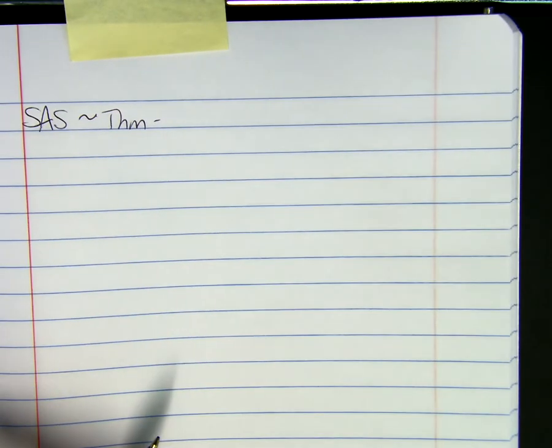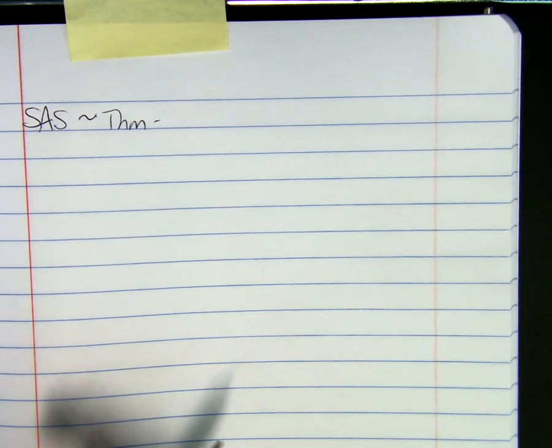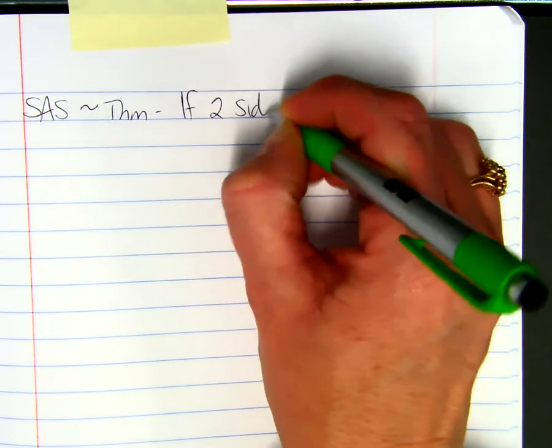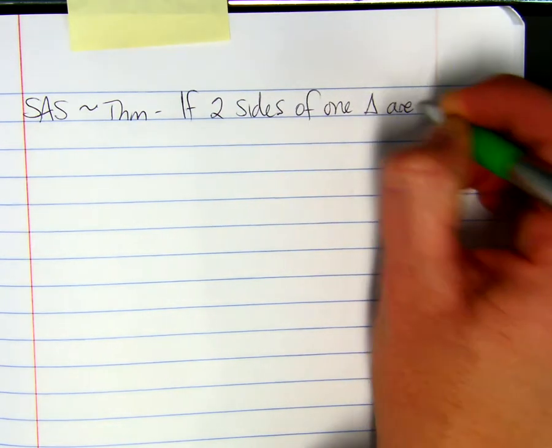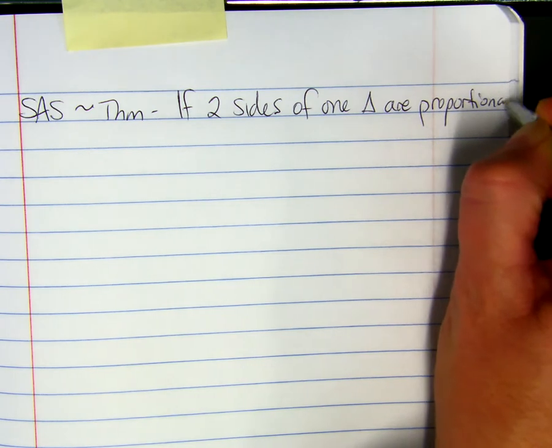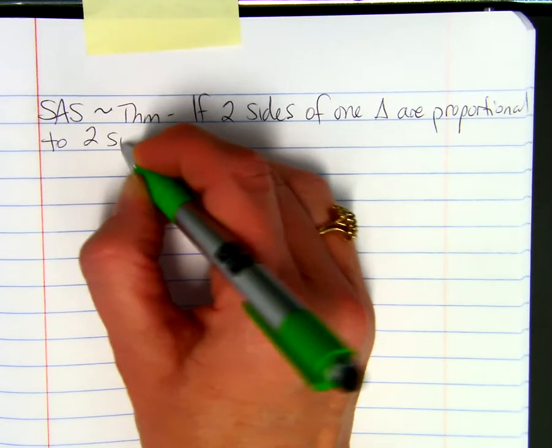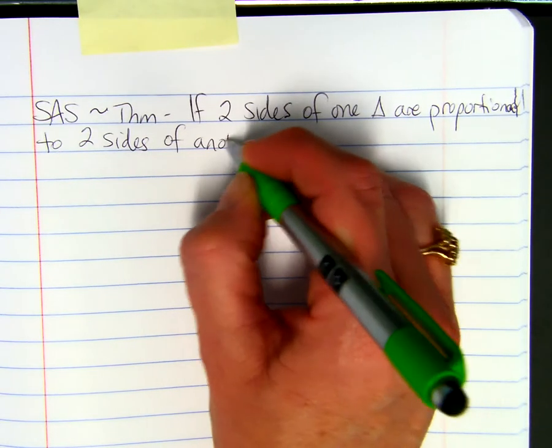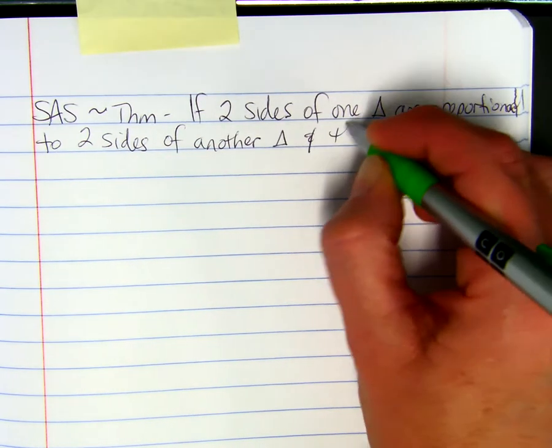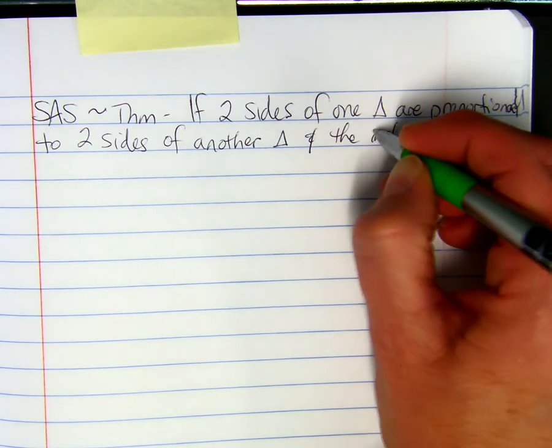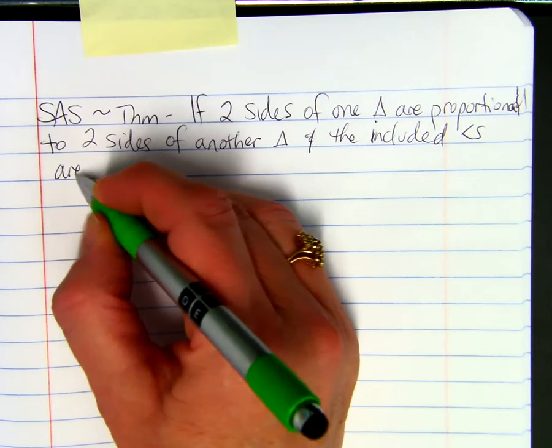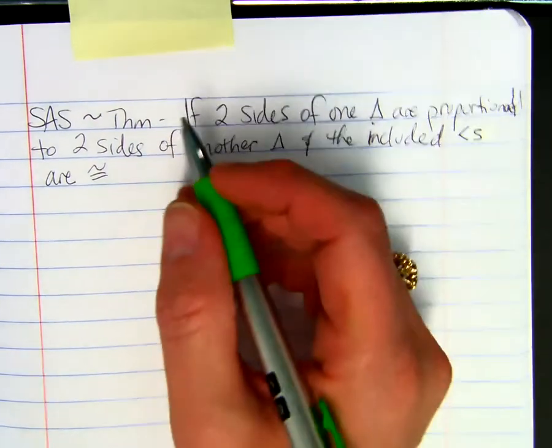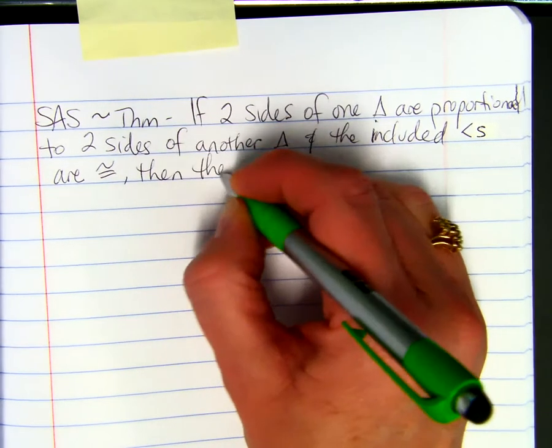That just says if two sides of one triangle are proportional to two sides of another triangle and the included angles are congruent, then the triangles are similar.